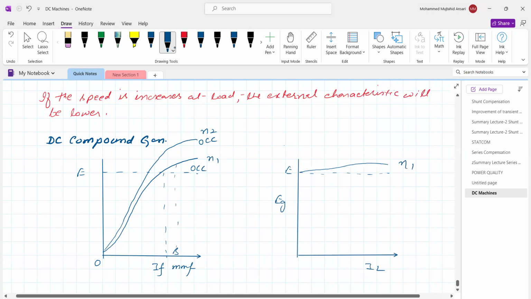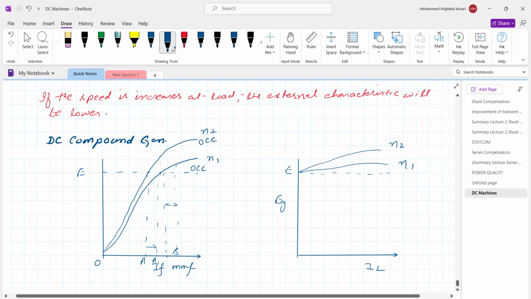Whereas for the same armature reaction, the field MMF will again be more. This is the earlier MMF, point A, and this is point A dash, which is higher. Same phenomenon at speed N2, but quite opposite.